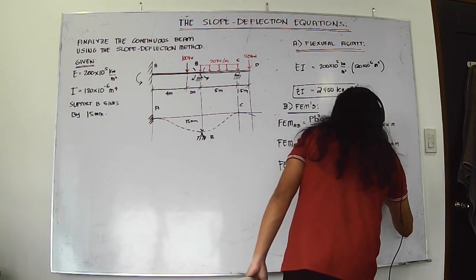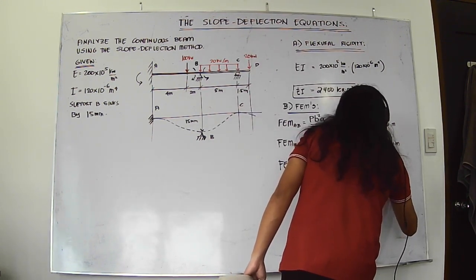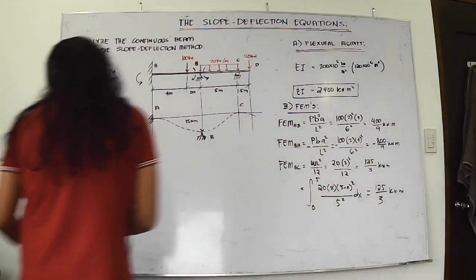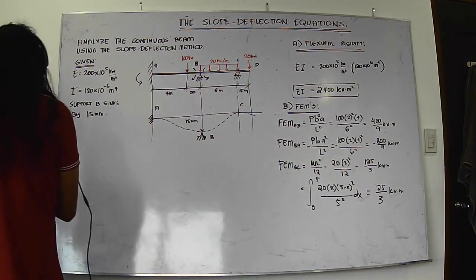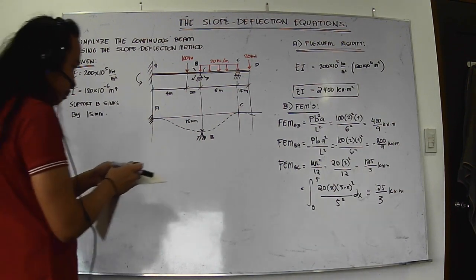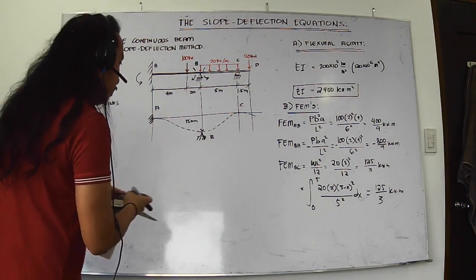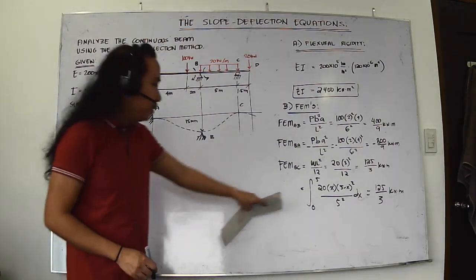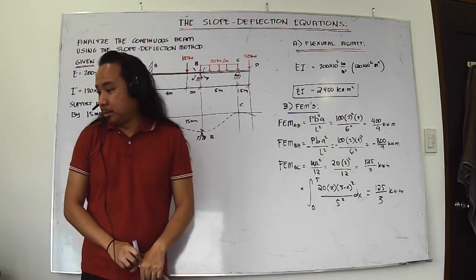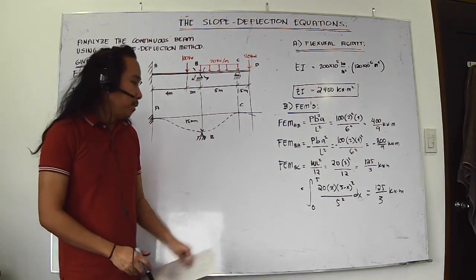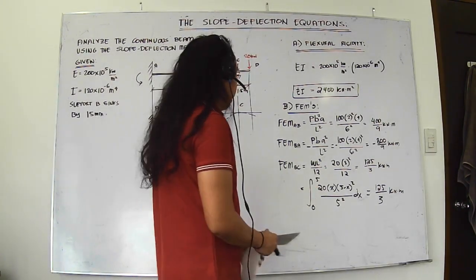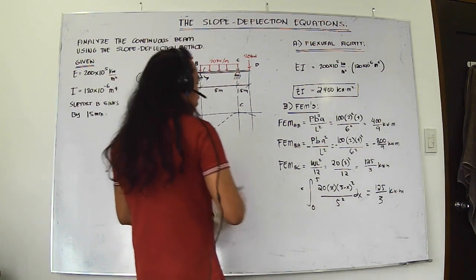Most likely, it will give the same answer. Even if you use this technique, it will give the same answer again. If you are having problems memorizing equations, you can use this.